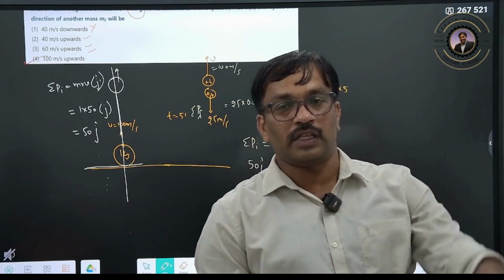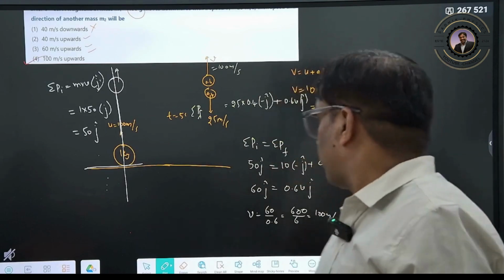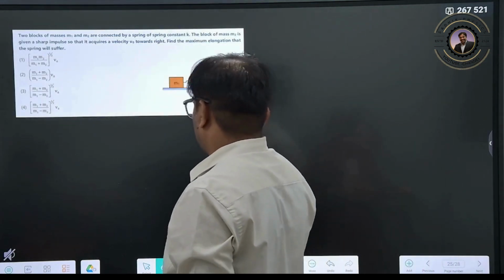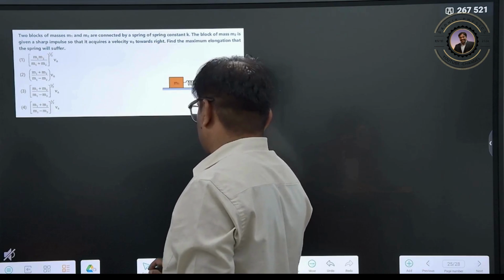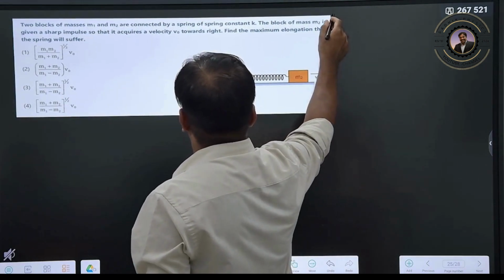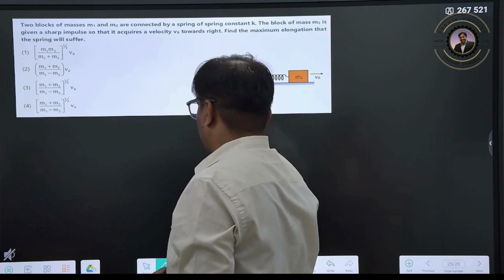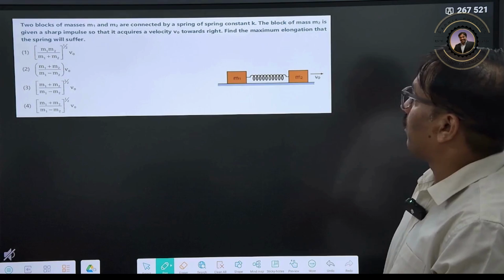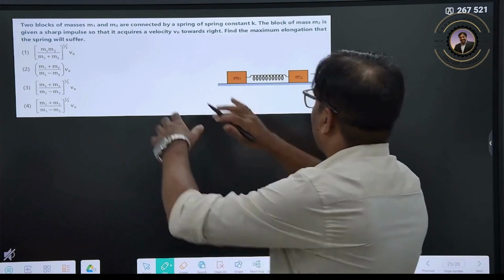Clear? In this way you can solve the problems. Here also the same type of problem. Two blocks M1 and M2 are connected by a spring.